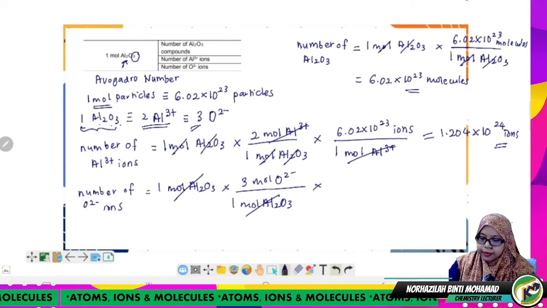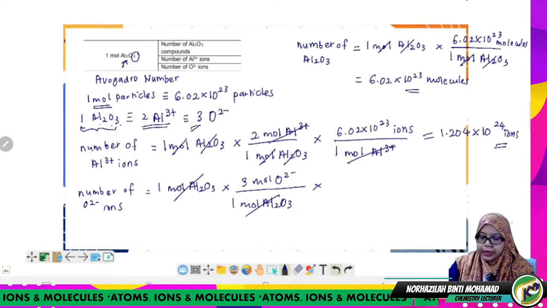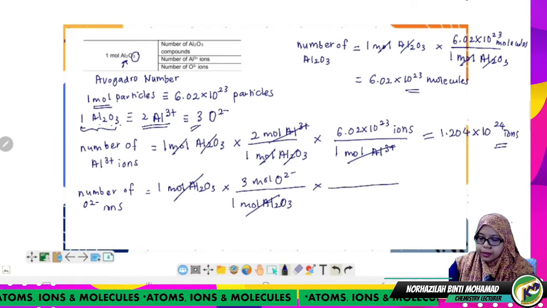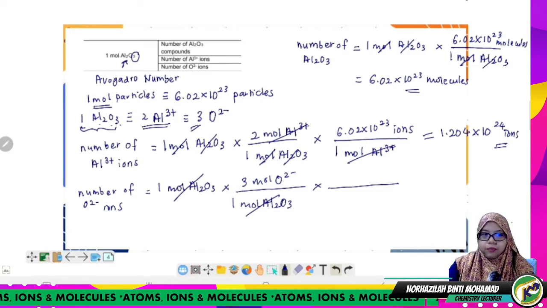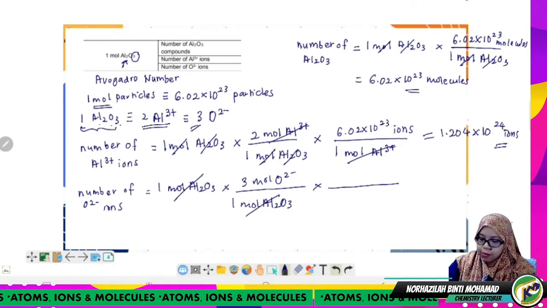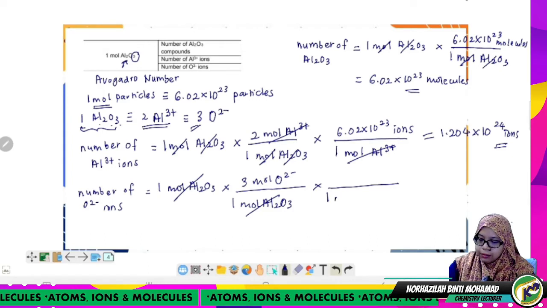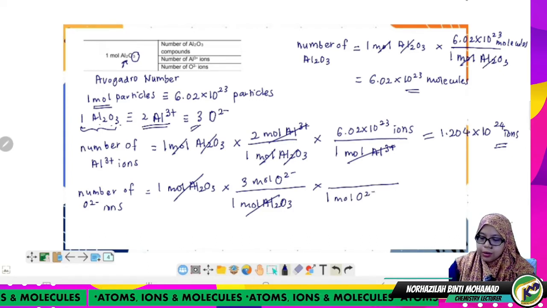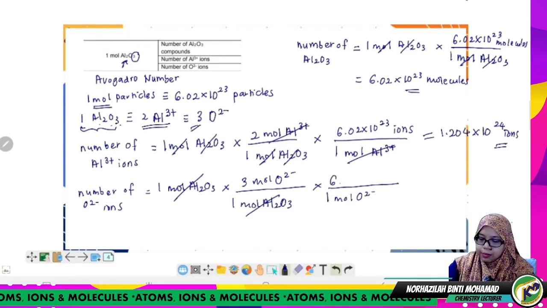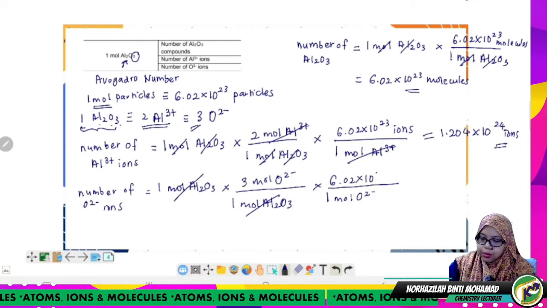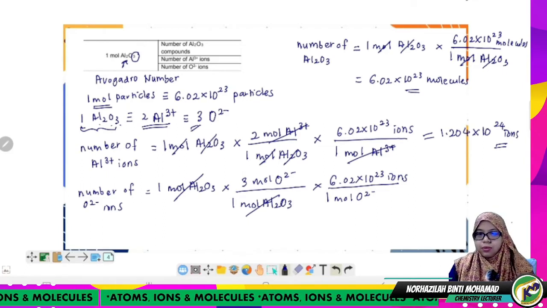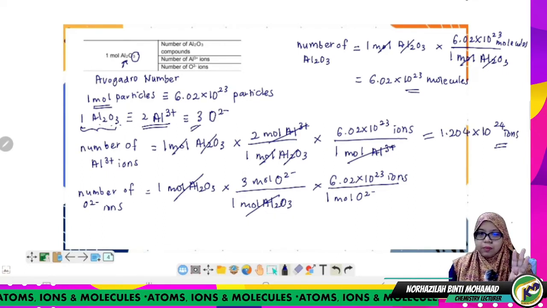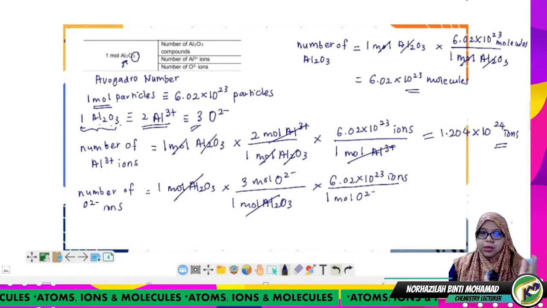Then after that we can calculate the number of particles. So we want to get the number of particles, means that the number of mole of particles must be at the bottom. So we write 1 mole oxide ion. At the top we write 6.02 exponent 23 ion. So the particle right now is ion. So remember, we have 3 types of particles, either atoms, molecules or ion.